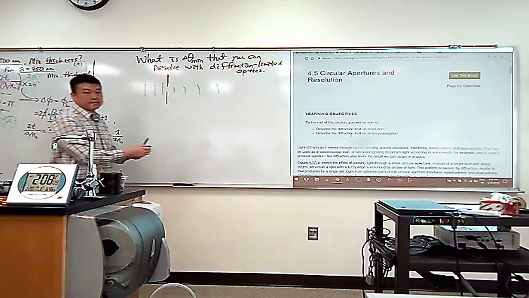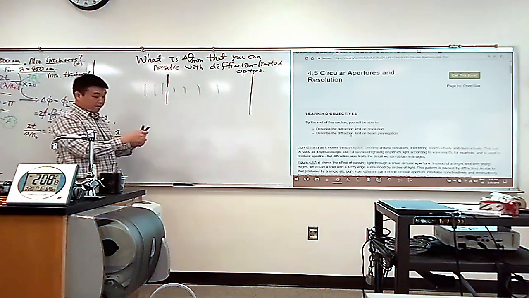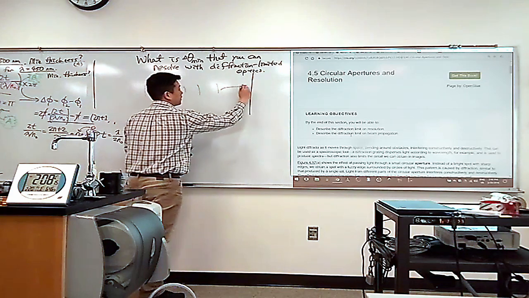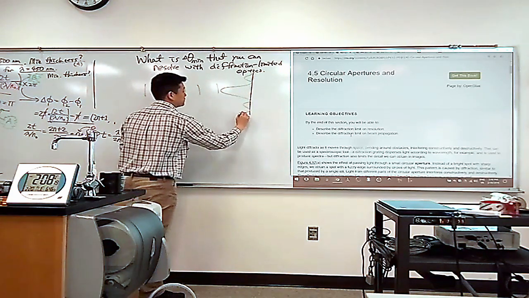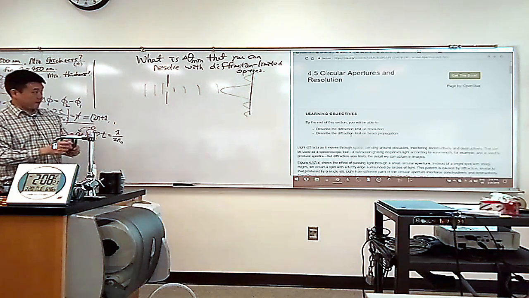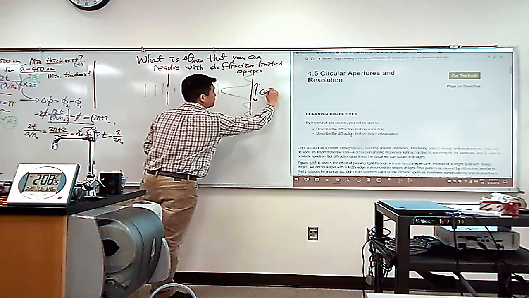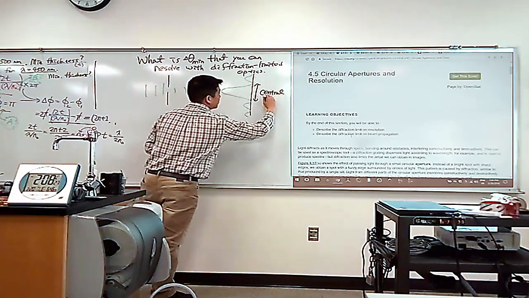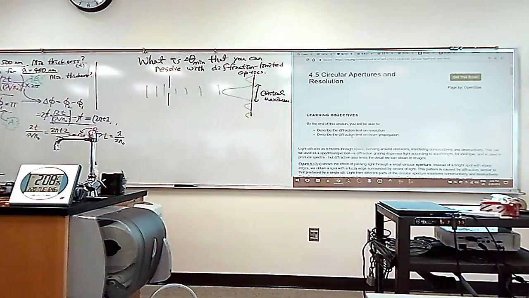And when this light hits this screen here, you get an intensity pattern that looks something like this, right? You've seen this pattern. And this is what we have been calling central maximum. And this is the picture I want you to imagine.